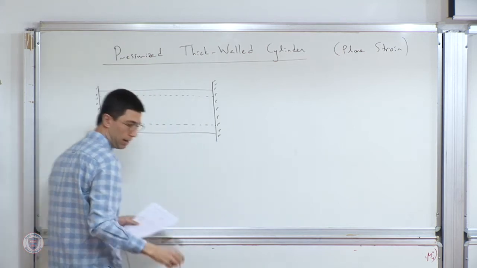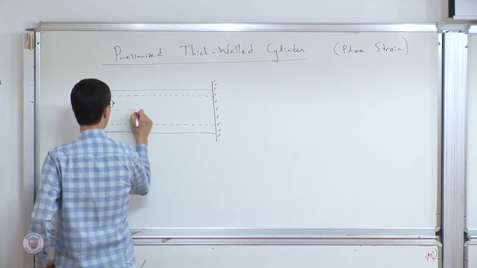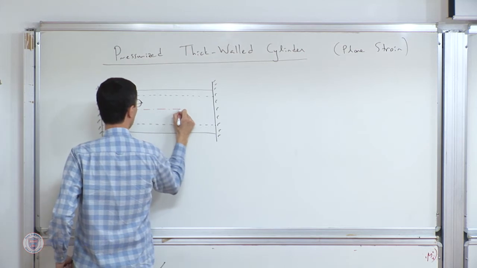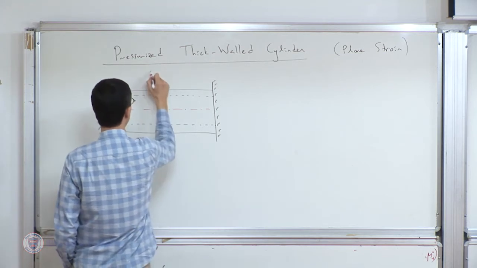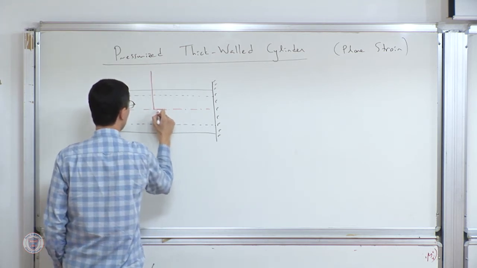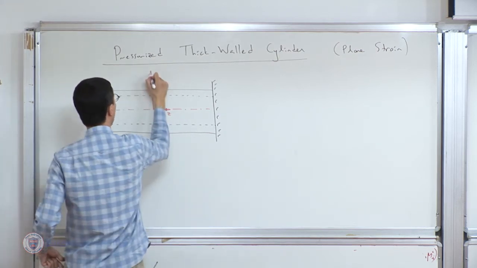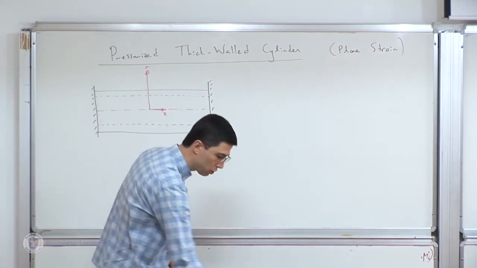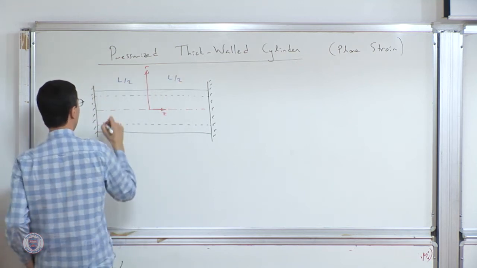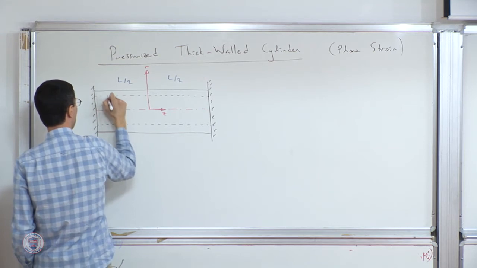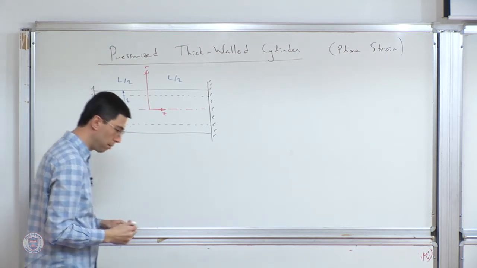And this is the axis of the cylinder. The axial position really does not matter so much for us in this problem, but I'm going to take the z equals 0 point to be the center of the cylinder, and this would be our radial position. And then the total length of the cylinder is L, so we have L over 2, L over 2. And the inner radius is A, and the outer radius is going to be B.